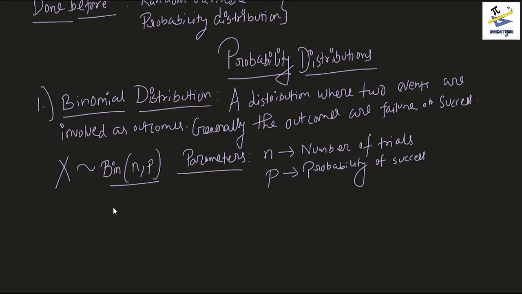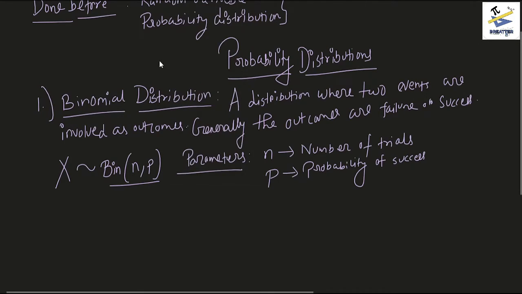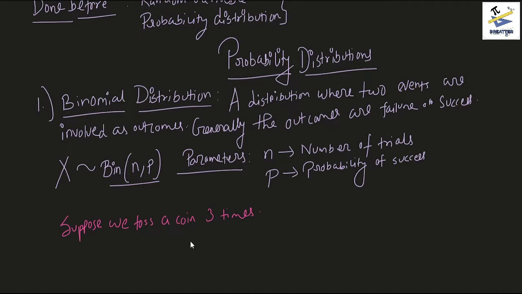The first thing we need to understand is how to actually visualize this. So consider a coin tossing example again. Suppose you have a coin and you want to toss it, let's say, 3 times. For a binomial distribution, you need to understand these key points.